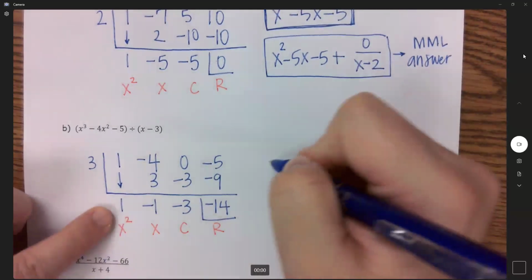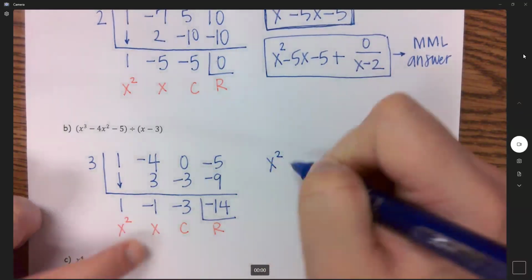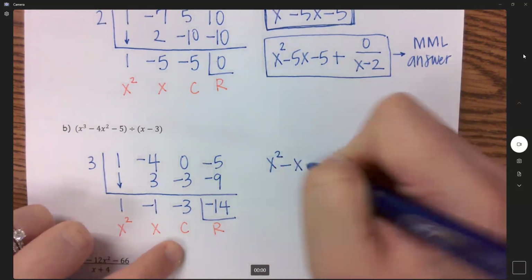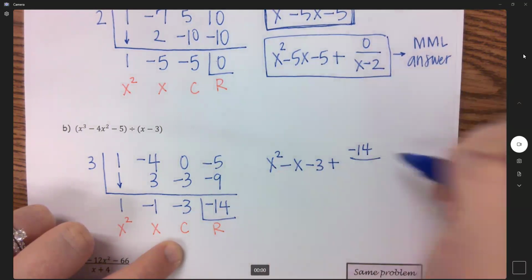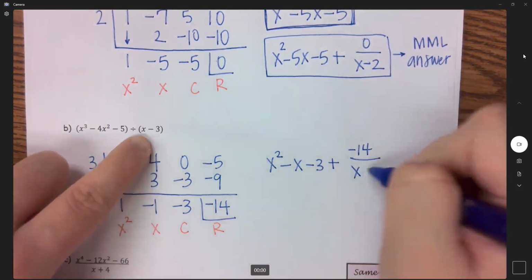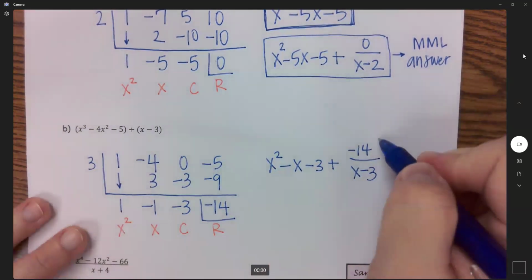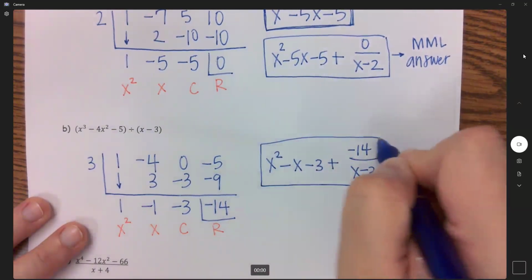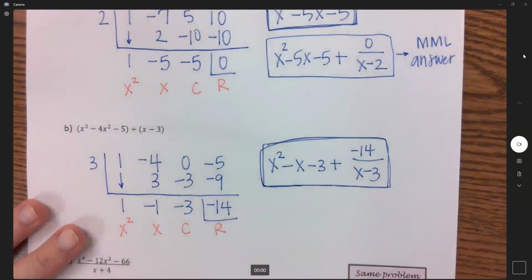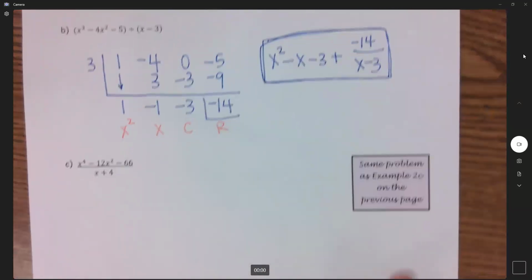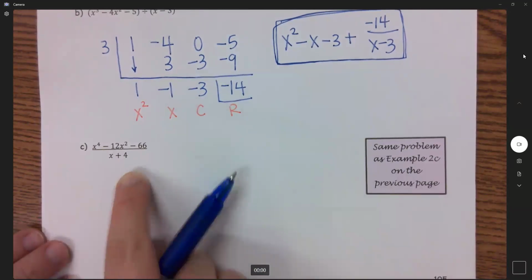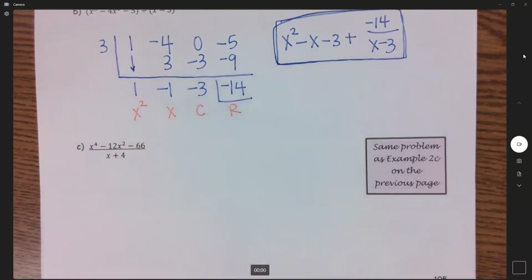So my answer is 1x squared, or x squared, minus x, minus 3, plus negative 14 over x minus 3. Now I want you to try to pause part C and see if you can get your answer, remembering to put zeros as placeholders.